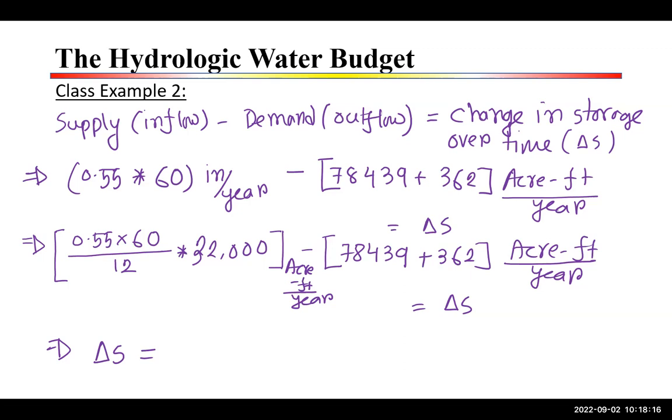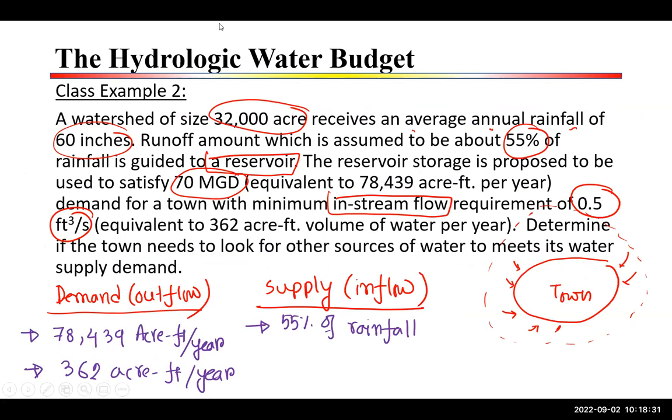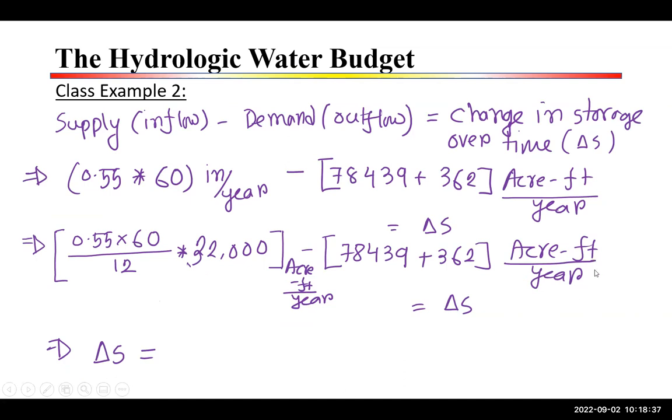Where does 32,000 come from? If you look at the question, it says the watershed is of that size, and we had only the depth here, but the other one is volume over time. So we just multiplied it by 32,000 to get the volume of water. Okay. Does that make sense?